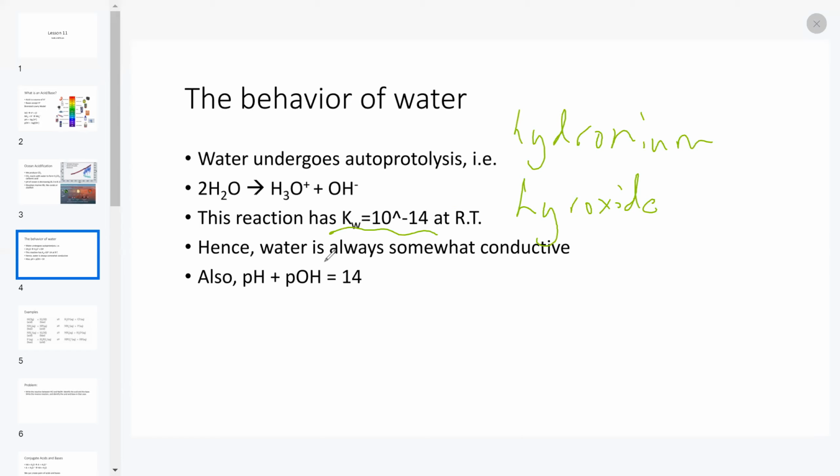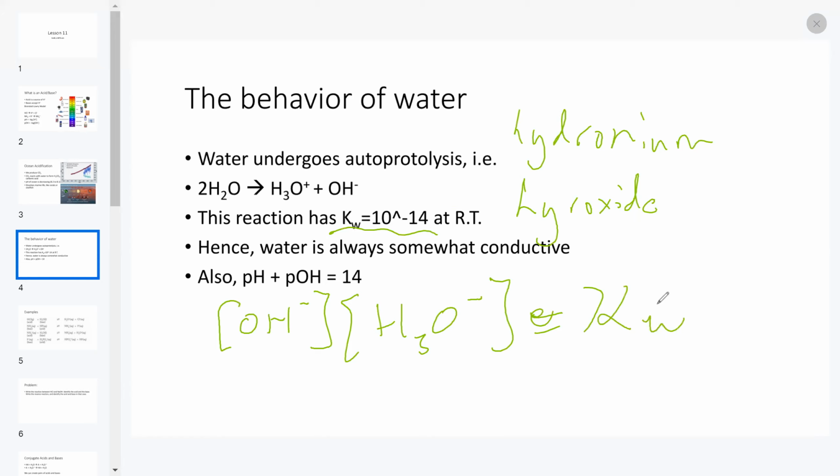So how do we interpret this Kw? Well, the equilibrium constant is equal to the concentration of OH minus times the concentration of hydronium. And this equals Kw. Okay? And the major takeaway from this is that we have pH plus pOH equals 14.